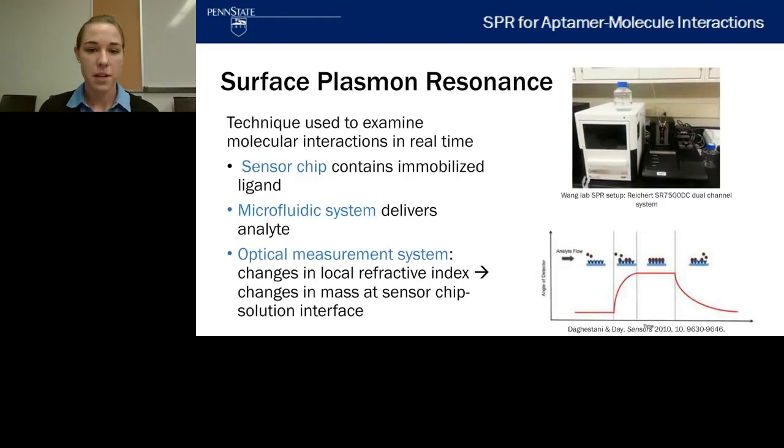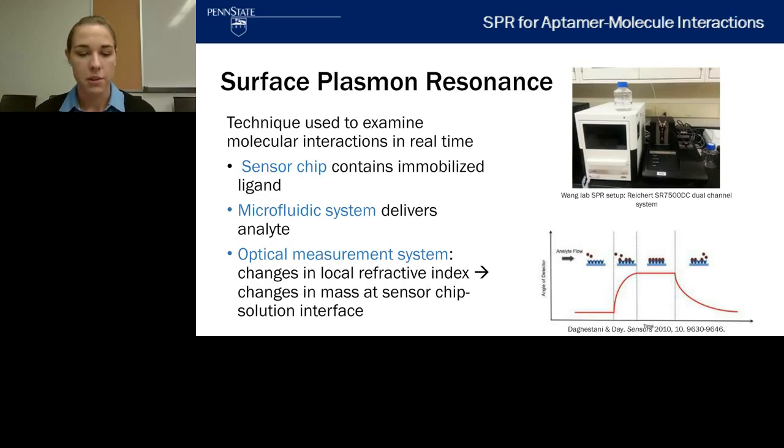Surface plasmon resonance is a technique that is able to evaluate the molecular interactions between two molecules in real time and also in a label-free environment. The surface plasmon resonance system really functions with three main components, the first being the sensor chip, which contains the immobilized ligand of interest.